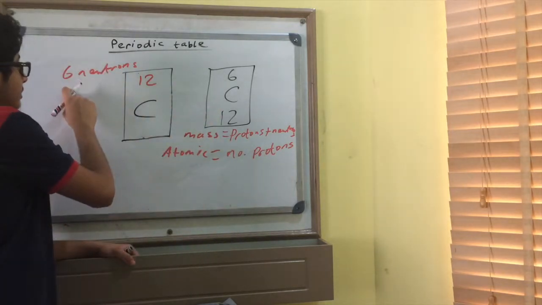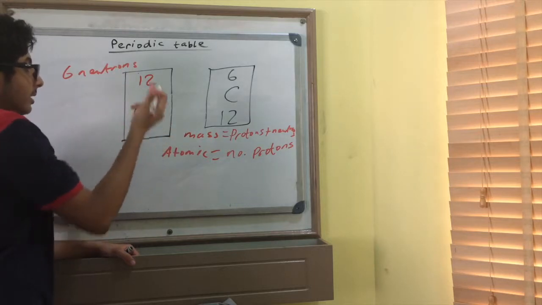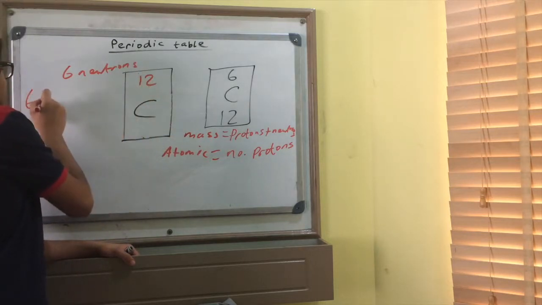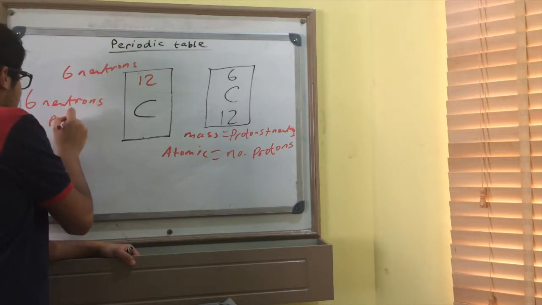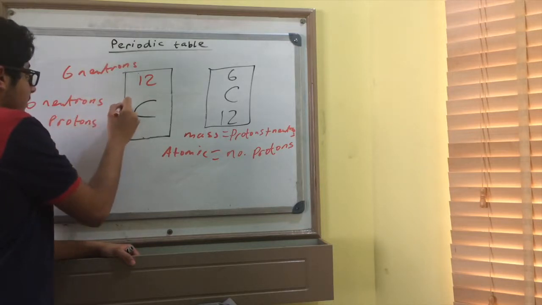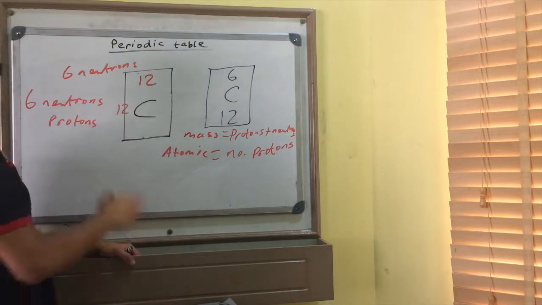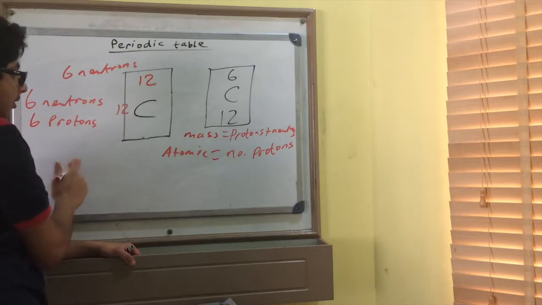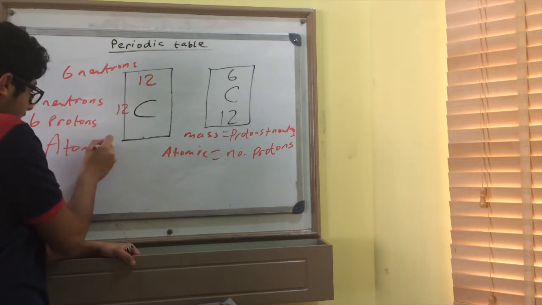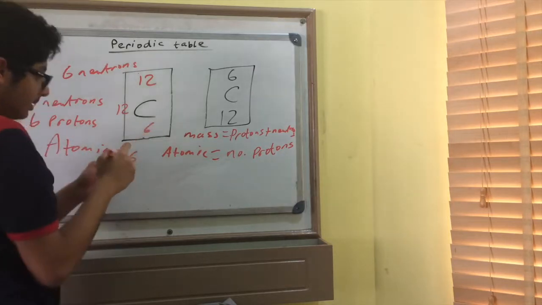You've got 6 neutrons plus something that's going to give you 12. So 6 neutrons and a number of protons is going to give you the mass number of 12. 6 plus something gives you 12, and that's 6 plus 6. So we've got 6 protons, therefore the atomic number is 6.